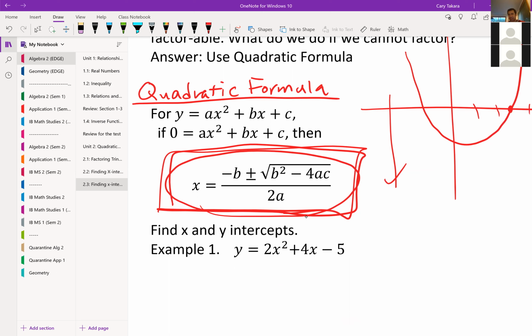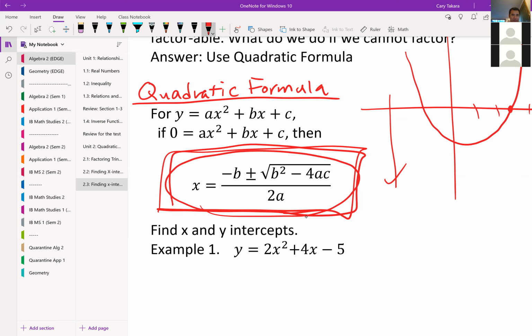Now, on the test, I'm not going to ask you guys to see if this is factorable or not. Okay, that's going to take too long, so I wouldn't ask you something like that. But you can see that this quadratic function you cannot factor. Okay, so what are you going to do?